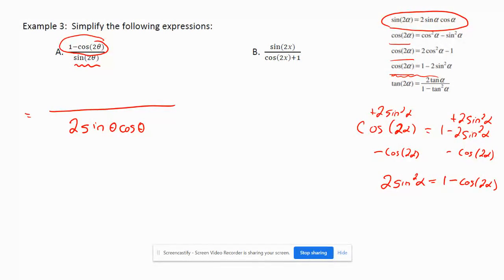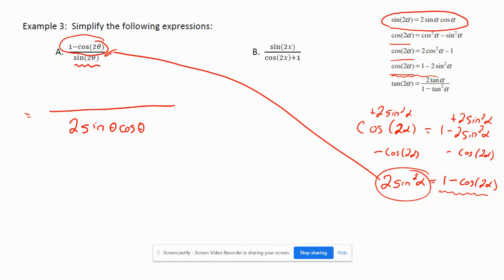Now I'm just going to do this replacement. I've modified my trig identity to equal 1 minus cos 2 alpha, so this is going to go in for this. Now, in this equation, my variable is theta, not alpha.